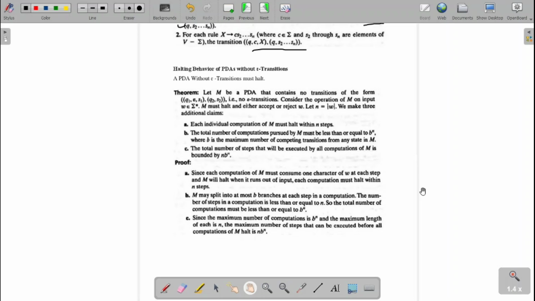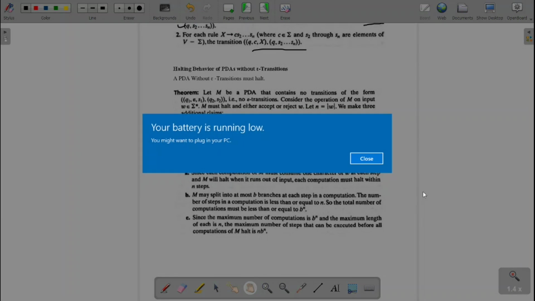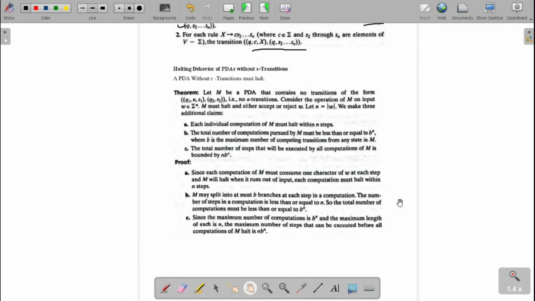Proof. Since each computation of M must consume one character of W, each transition will take up one character of W at each step, and M will halt when it runs out of the input. So each computation must halt within n steps.